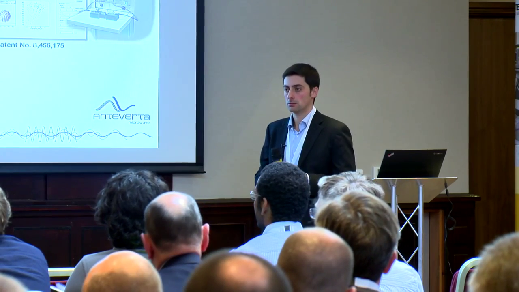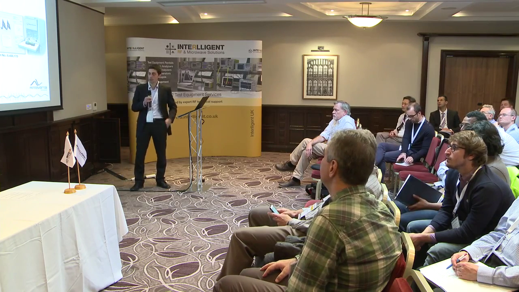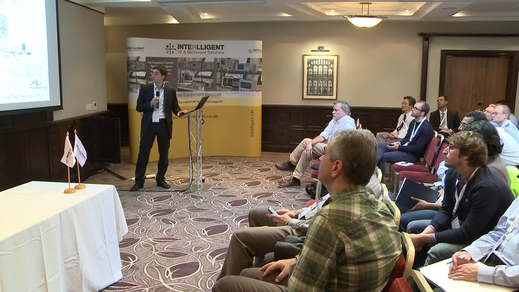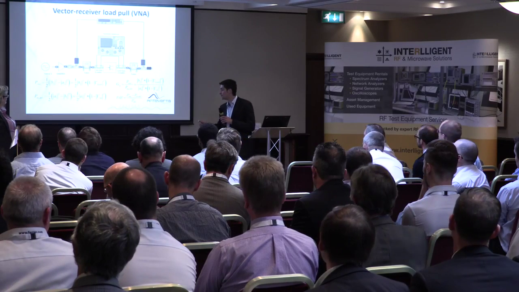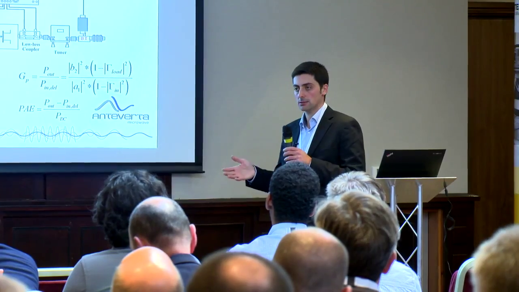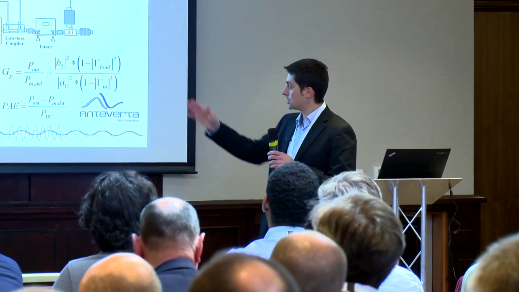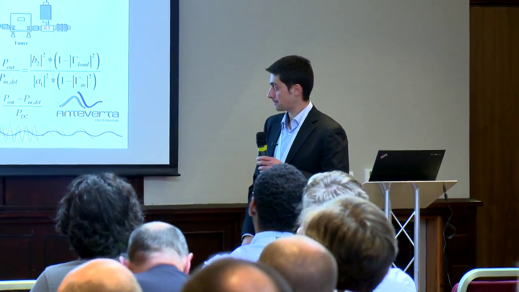Is the calibration routine the same for the polyharmonic? Yeah, same calibration. So normally in a vector receiver system, that's this one, you start with a normal two-port calibration of VNAs, so ISO-LT or TRL calibration at the device reference plane.